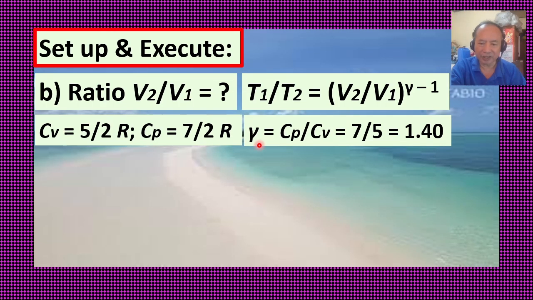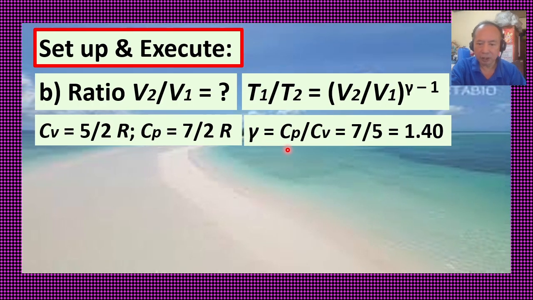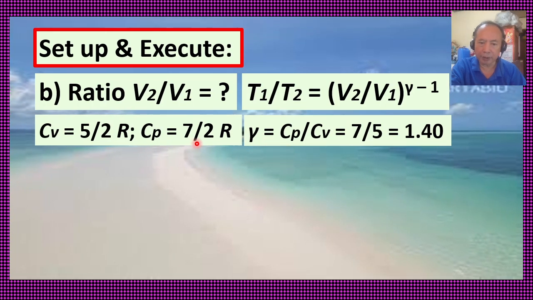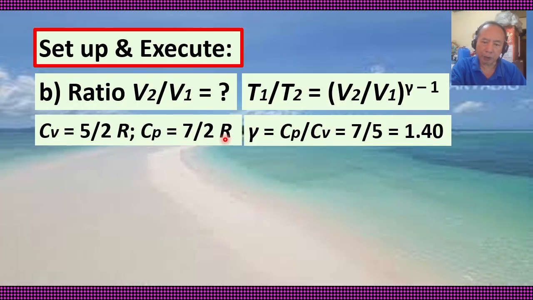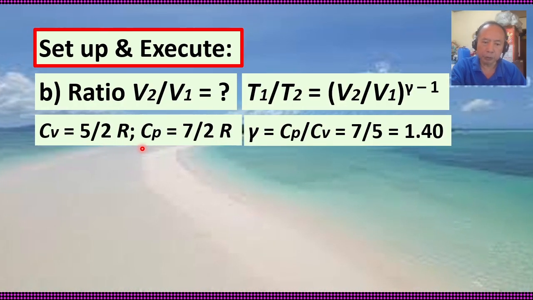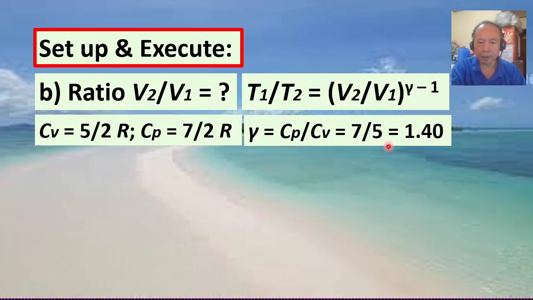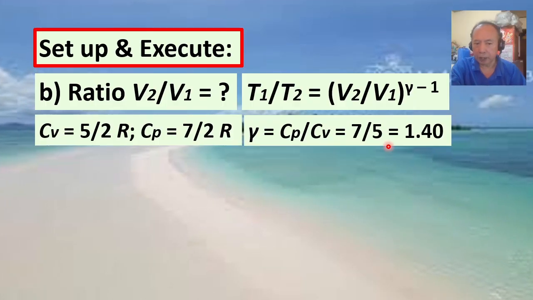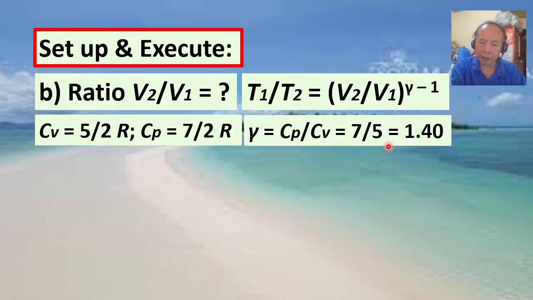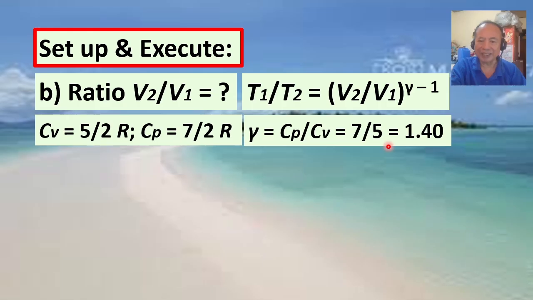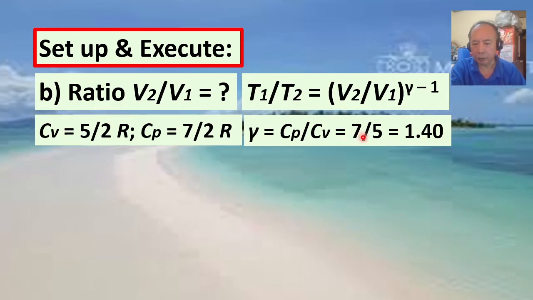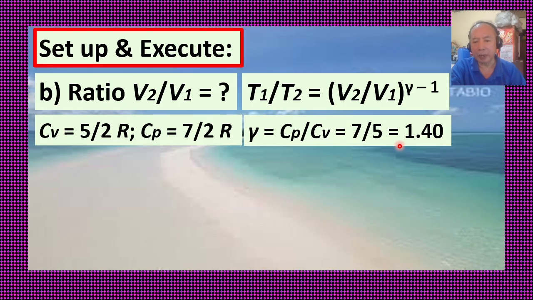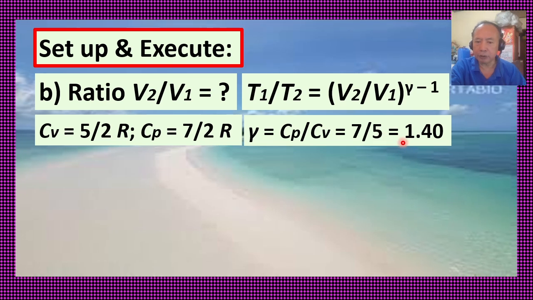And in this case, when we divide 7 over 2 times R by 5 over 2 times R, the 2 times big R also cancels, leaving behind 7 over 5, or in decimal, gamma is equal to 1.40.